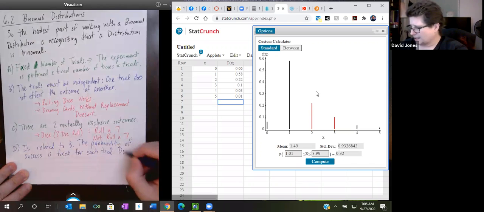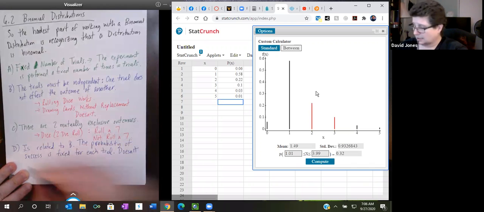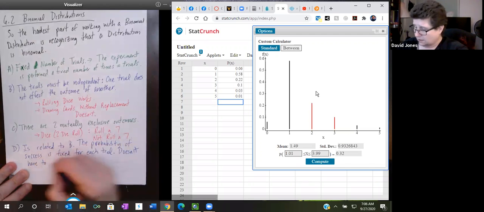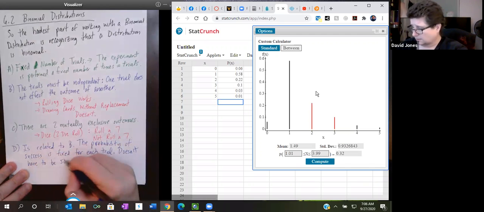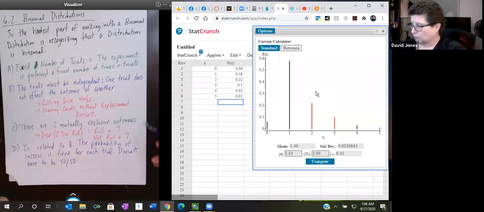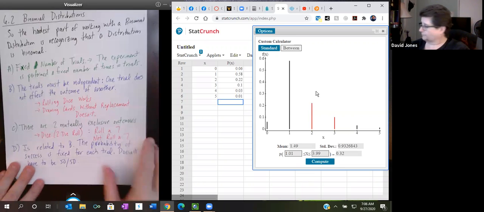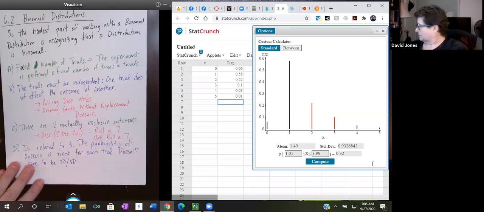Again, it doesn't have to be 50%. Like rolling a 7, not rolling a 7 is not a 50% chance for each. Drawing a spade or not drawing a spade is not 50% each. Drawing the ace of spades or not drawing the ace of spades is not 50% each.